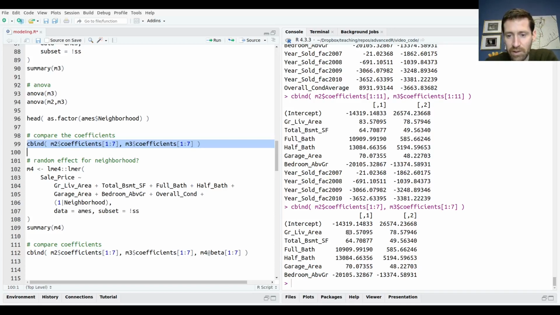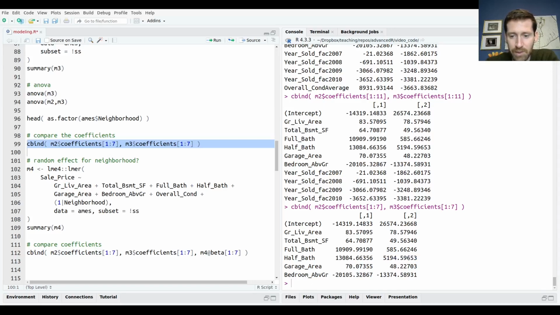So for example, the effect of adding 1 square foot, holding everything else constant, is bigger in the simpler model and smaller in the more complicated model with neighborhood. Basement size, the effect is smaller. Full bath is much smaller. Half bath is much smaller, although it is still larger than full bath.